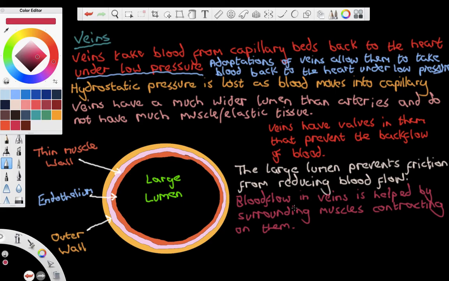Now, all veins tend to carry deoxygenated blood, except for the pulmonary veins, which carry blood from the lungs back to the heart.